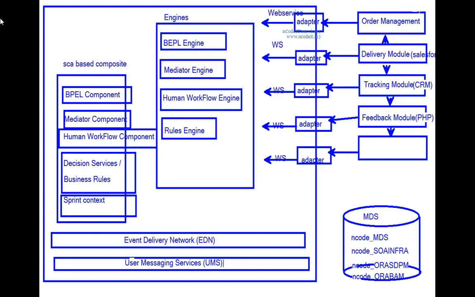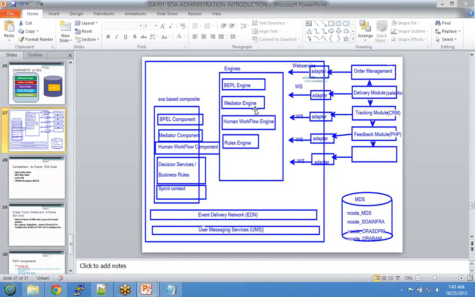These BPEL and Mediator components are executed in the engines. You're looking at the engines. So here you've got a BPEL engine and a Mediator engine. If there is a BPEL component, it has to be executed in a BPEL engine.